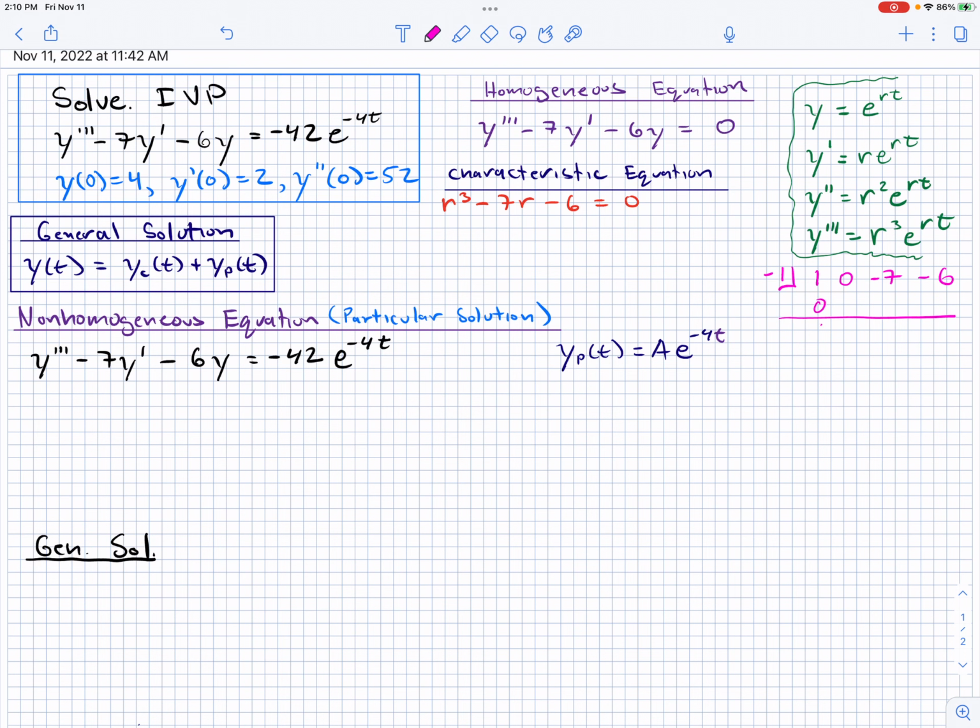So doing that, negative 1 times 1 is negative 1. Negative 1 times negative 1 is 1. Negative 7 and 1 is negative 6. Negative 1 times negative 6 is 6. Adding that is 0.